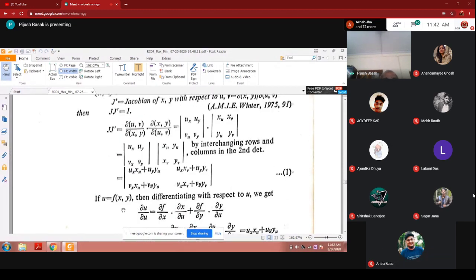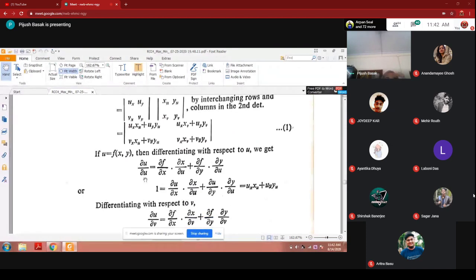If U is equal to F of x y, then differentiating with respect to U, del U del U is 1. Since U is a function of x y, del U del U will be del F del x into del x del U plus del F del y into del y del U. Because F is equal to U, this F is changed to U, and we get this.